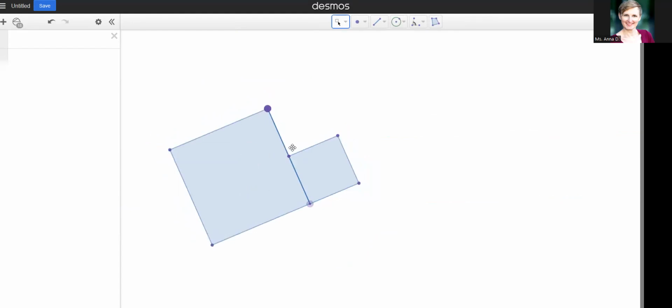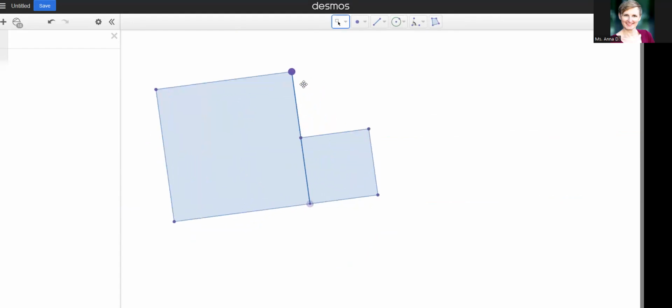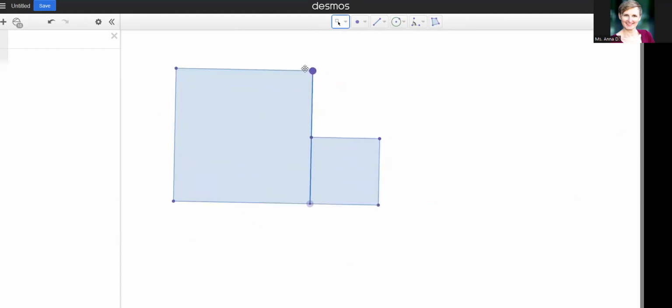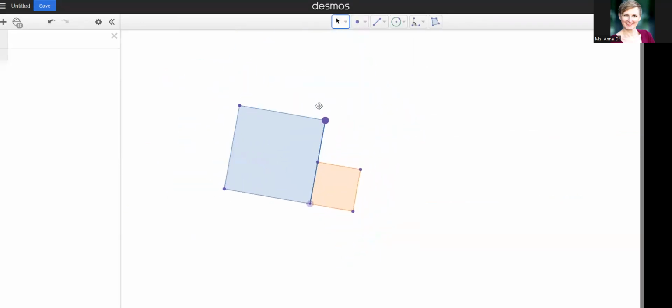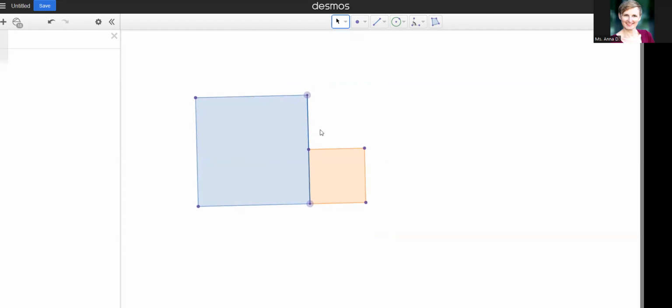So now I have one small square and one large. In the same manner, I can construct families of different squares, and I can color them in different colors. So at this point, let your creativity shine.